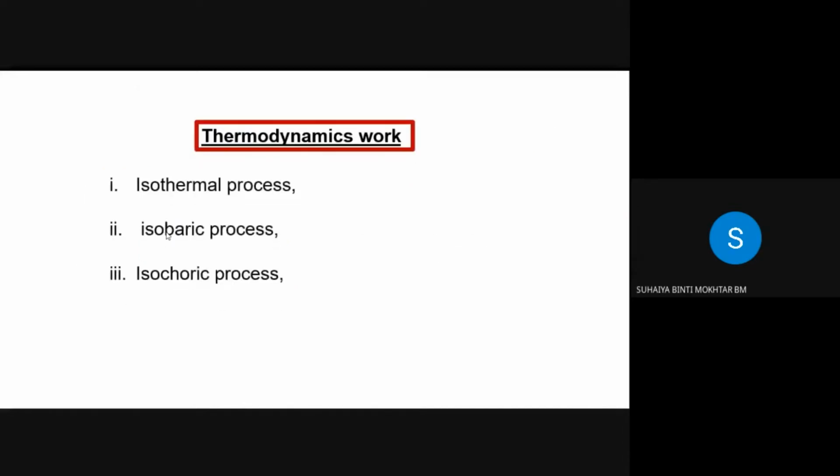Then thermodynamics work. The equations for isothermal, isobaric and isochoric. Isothermal work done equation is nRT ln V2 over V1, or nRT ln P1 over P2. So for isothermal, remember the equation has ln.